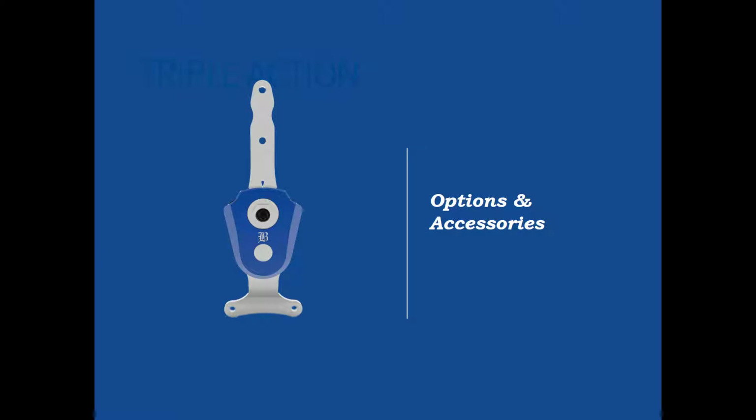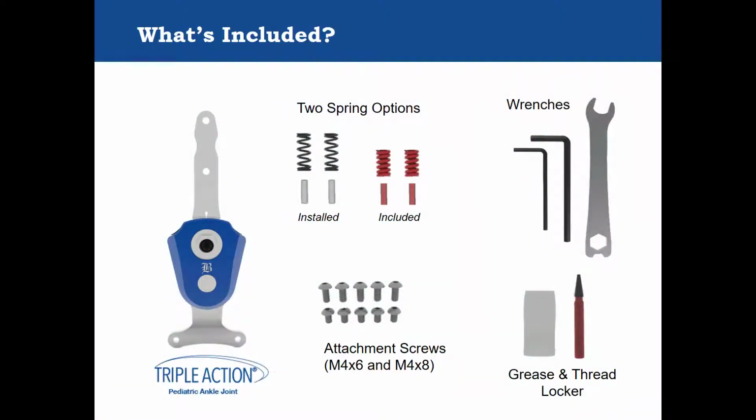Options and accessories are available for the triple action ankle joint to equip the clinician with the tools they need to help them tailor their orthotic design to the unique needs of their patient. 2 spring options, adjustment wrenches, metric attachment screws, lubricant, and thread locking adhesive are included with the triple action ankle joint.